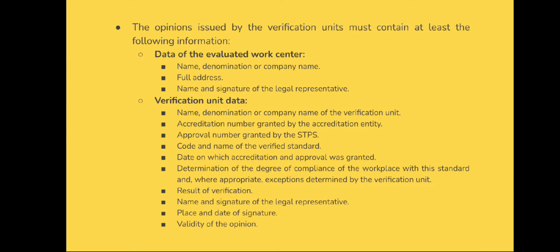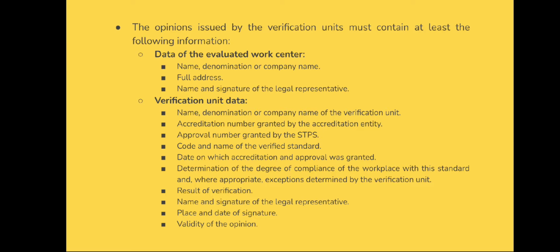The opinions issued by the verification units must contain at least the following information: data of the evaluated work center, name, denomination or company name, full address, and the name and signature of the legal representative.